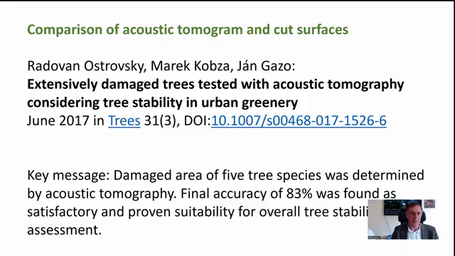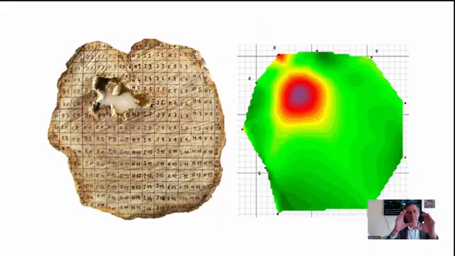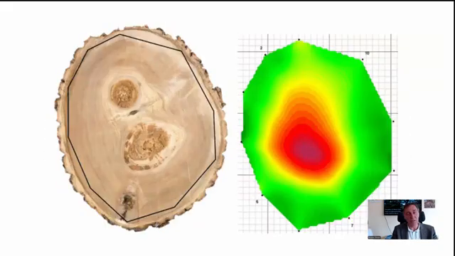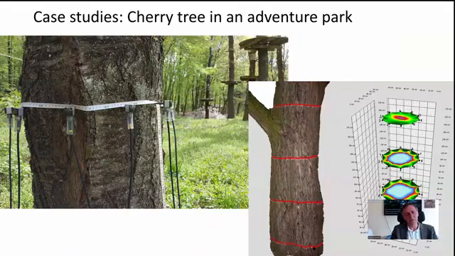Here, 83%. Sometimes the location is shifted a little bit, and sometimes the size is a little bit off, but 83% overlapping is, I guess, pretty good using 10 sensors. With more sensors, this number would be a little bit higher.